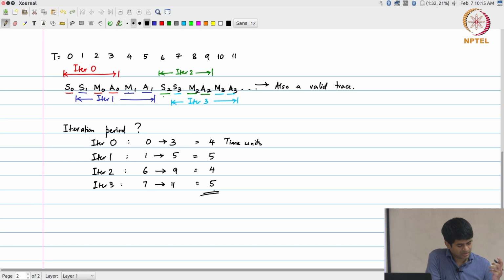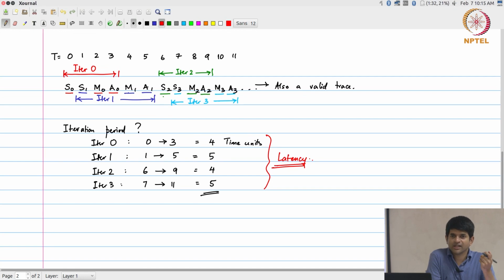Okay. This time required for finishing a particular iteration is referred to as the latency. The latency essentially means the time required from the start to finish of a particular iteration.